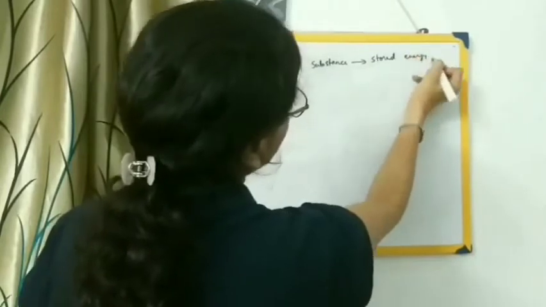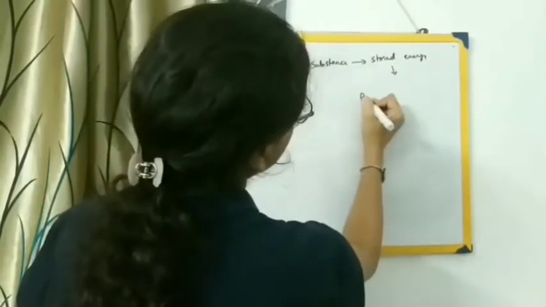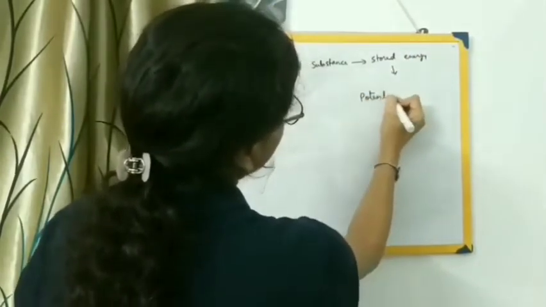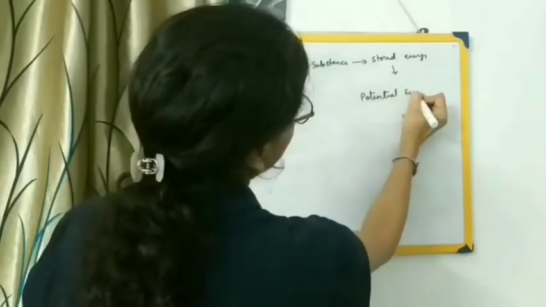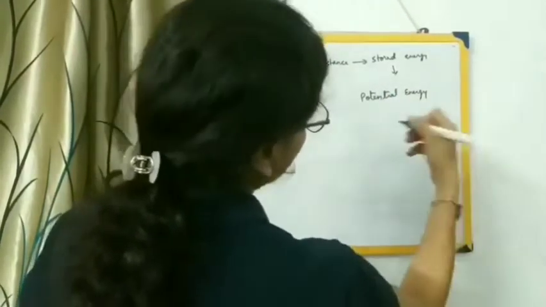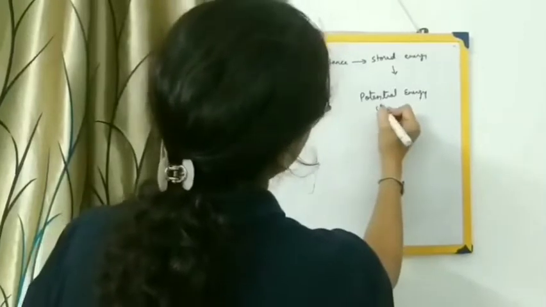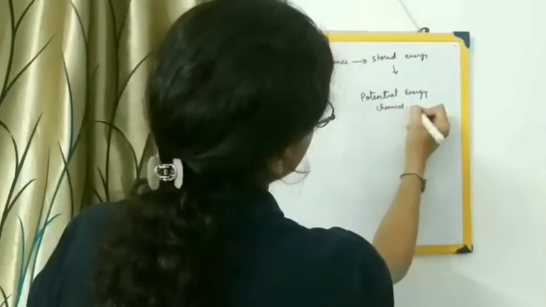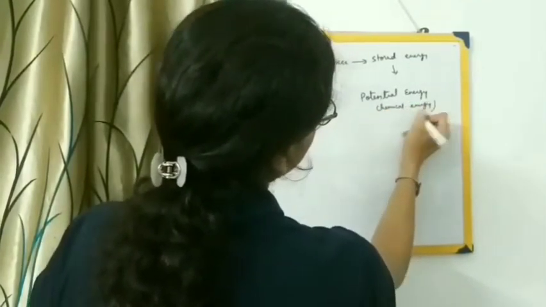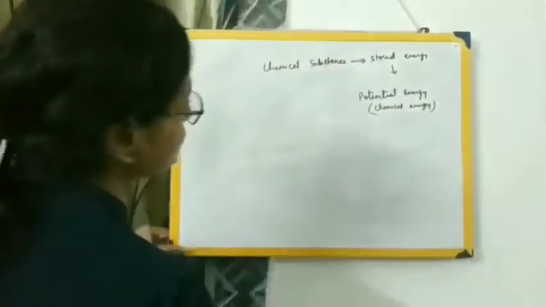If the energy is stored, what can we call this? Potential energy. This potential energy is also called the chemical energy stored within the substances. It is this chemical energy which helps the chemical reactions to take place.